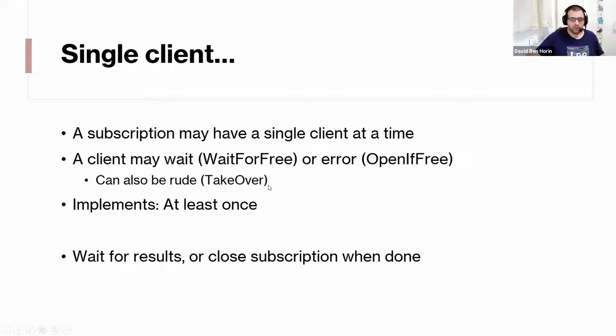You also have wait for free, which means that it's okay if I'm last in line. I'm going to basically just wait until the other client or clients are done, and I would be the one who processes the operation. Why do I have something like that? Because you may want to have reliability.